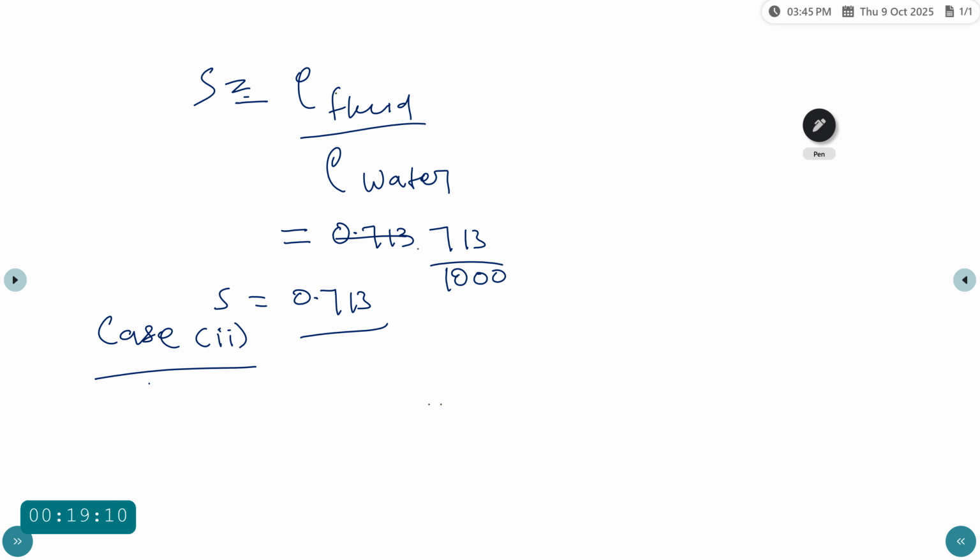Volume of the petrol is given as 1 liter, which we write as 1 times 10 power minus 3 meter cube, because liter should be converted into meter cube. Next, specific gravity of petrol is also given: S equals 0.7.